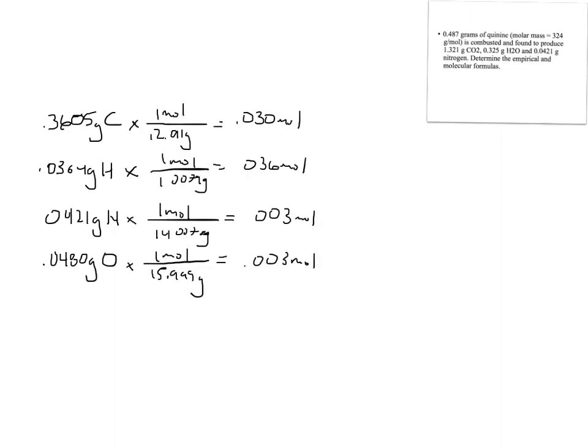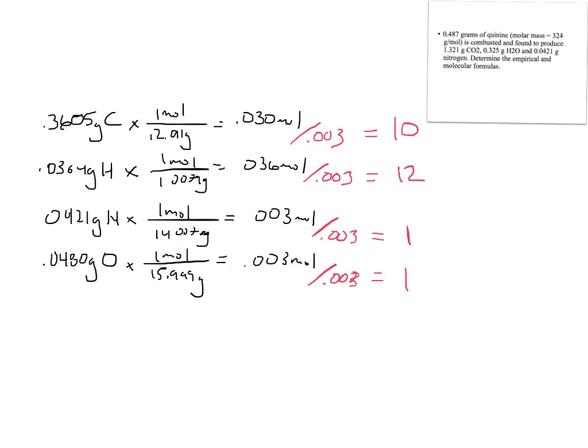From that, we can see we have 0.030 moles of carbon, 0.036 moles of hydrogen, 0.003 moles of nitrogen, 0.003 moles of oxygen. Let's divide by the smallest, which would be the 0.003, and get our ratio. And the ratio comes out as 10 to 12 to 1 to 1.